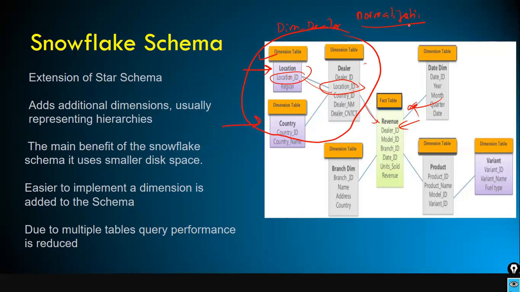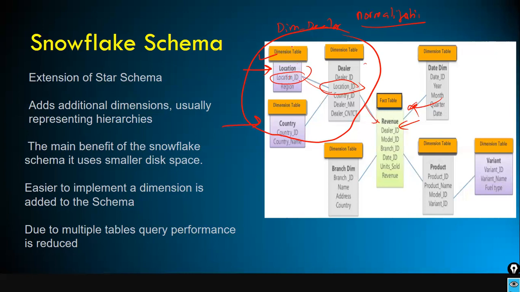But in this case, if you wanted to know the revenue breakdown by location or revenue breakdown by country, you need to navigate to additional tables. It requires joins with multiple tables. The more joins you have, obviously, it will slow down your performance. That is one drawback with Snowflake schema.